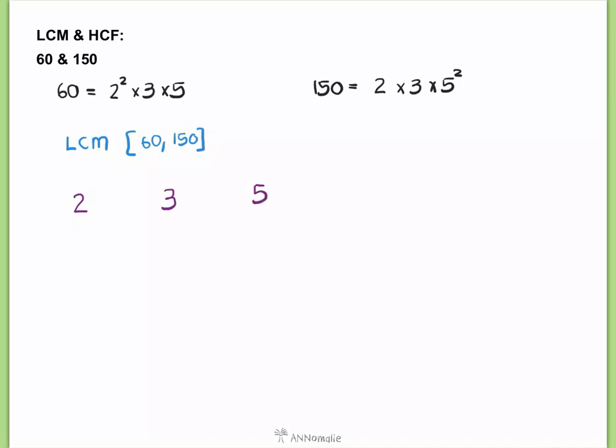We absolutely list them all. And then we take the largest value of 2 and 1. Where did the 1 come from? There's a 1.